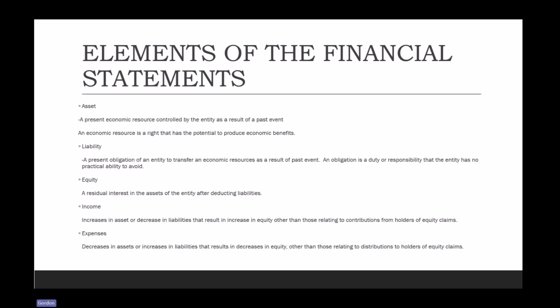If I have a transaction, is this an asset? If it's not an asset, is it a liability? If it's not a liability, is it an income? If it's not an income, is it expense or is it equity? If I can classify all transactions into these 5 categories, there shouldn't be any reason why I shouldn't be able to prepare financial statements.